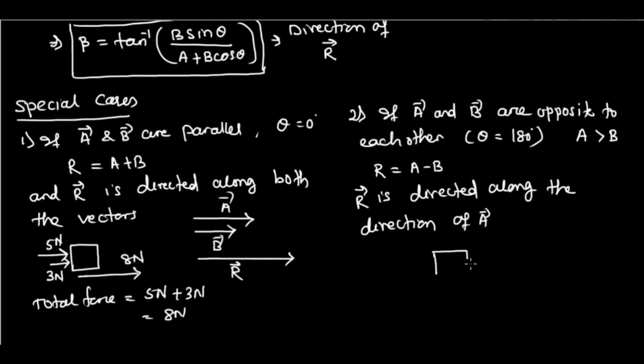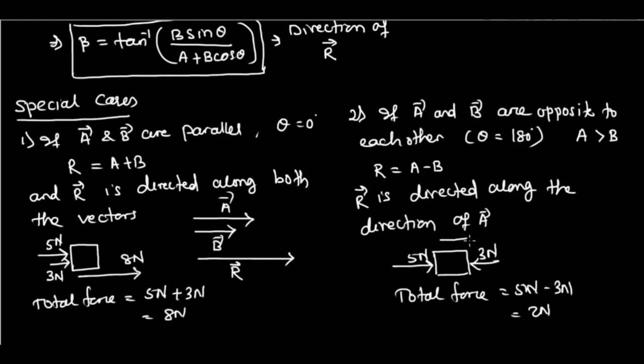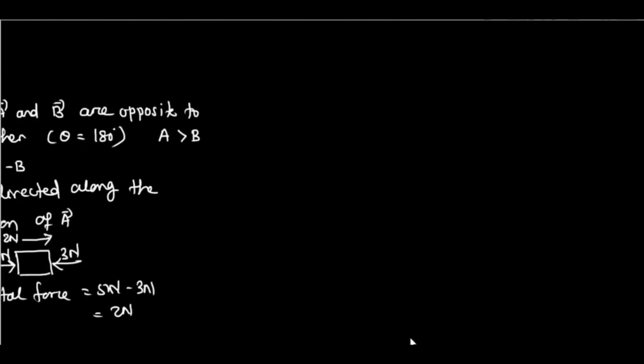And if you have a body and you apply two forces, 5 Newton and 3 Newton in opposite directions, then in this case the total force will be how much? 5 Newton minus 3 Newton, that is equal to 2 Newton. And this force will be directed along the direction of the larger force. The larger force is 5 Newton, it is acting towards right, so the net force, which is 2 Newton, will also act towards right.